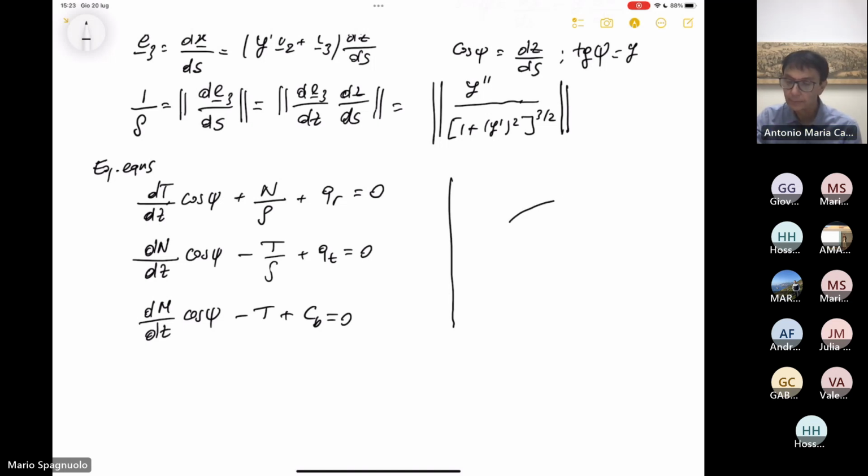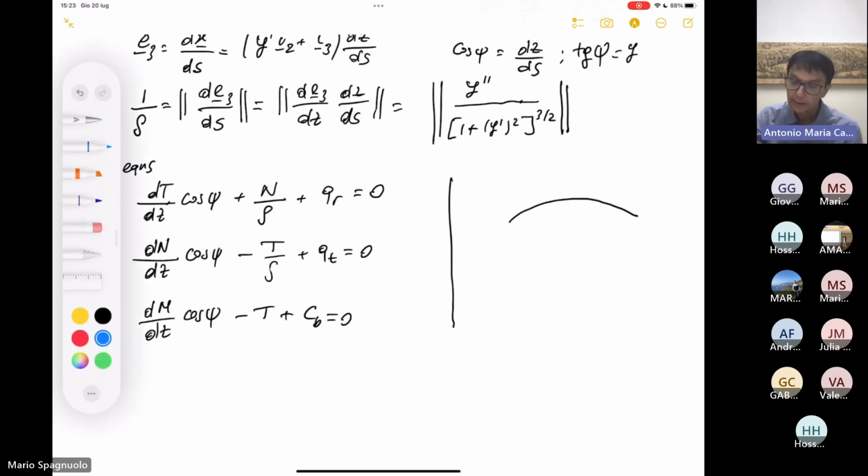Then we draw the arch, and we can introduce vertical and horizontal distribution of load, which will be referred to the unit length of the horizontal projection of the arch or the vertical projection of the arch.